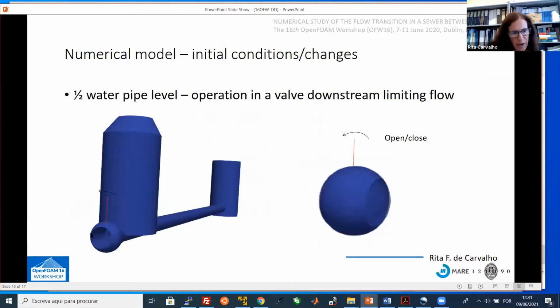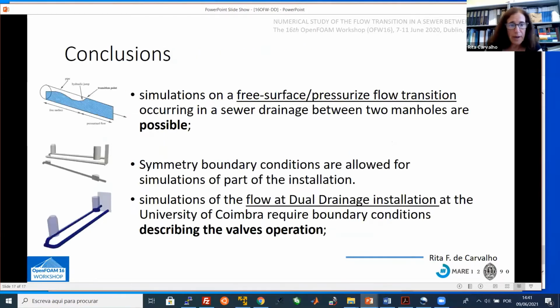So we have it open here, and if we turn this valve around, it becomes closed because it's designed to obturate the whole pipe. So we want to turn just a quarter to be closed in 10 seconds. That is the time when the valve is operating.